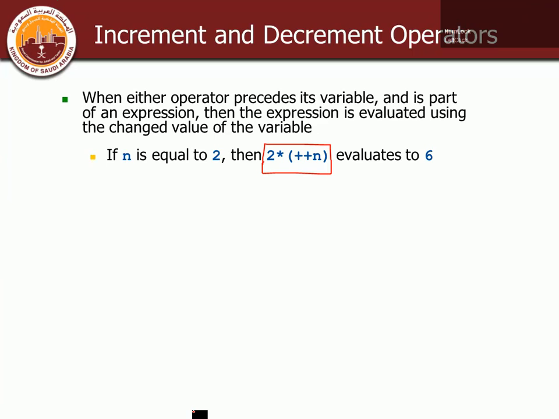In this operation, I'm using a lot of different things. So let's have a look at this. Imagine we have n, okay? N I put inside of m. Inside of m, I have 2 multiplied by plus plus n.